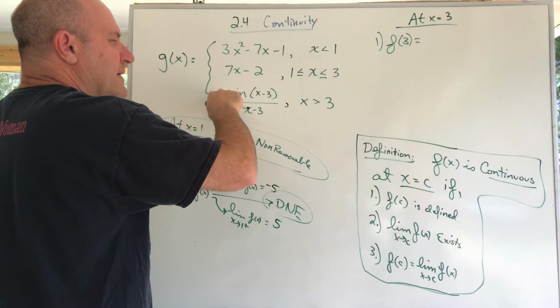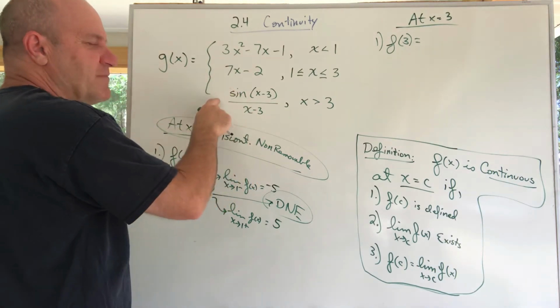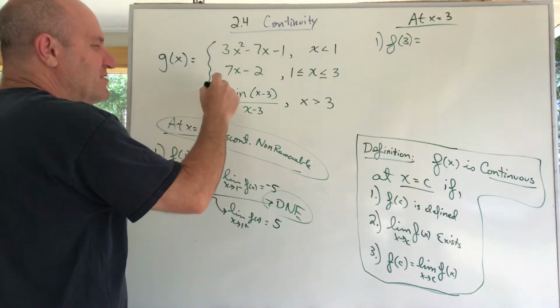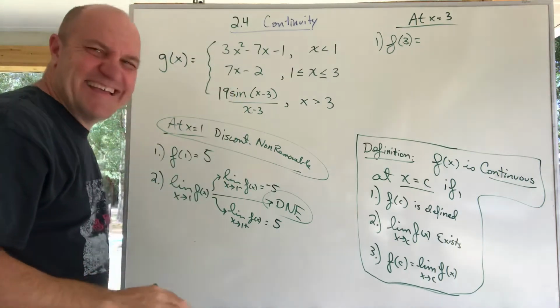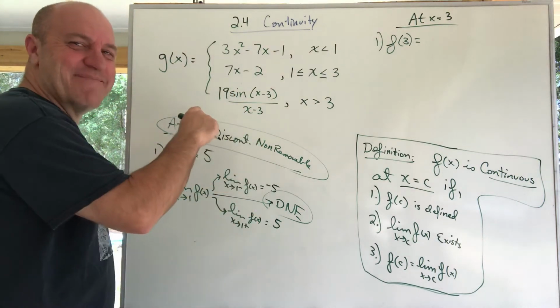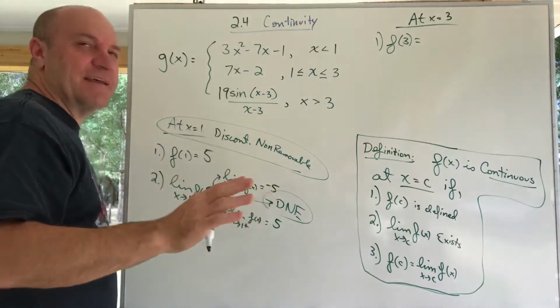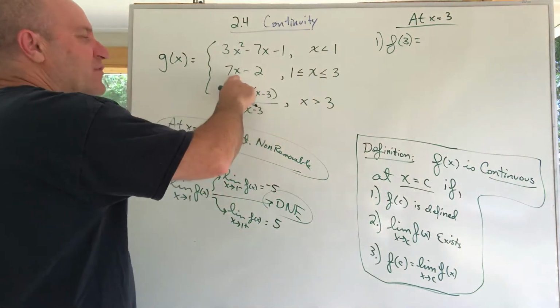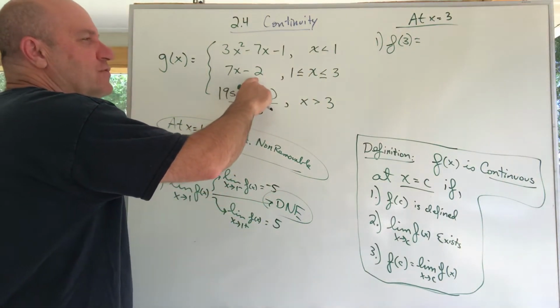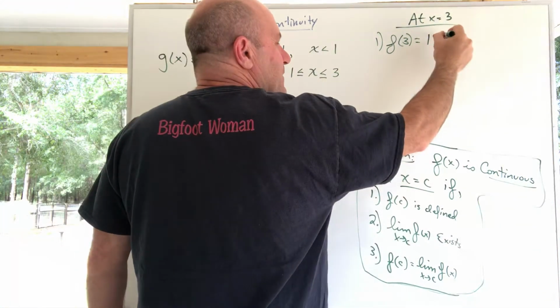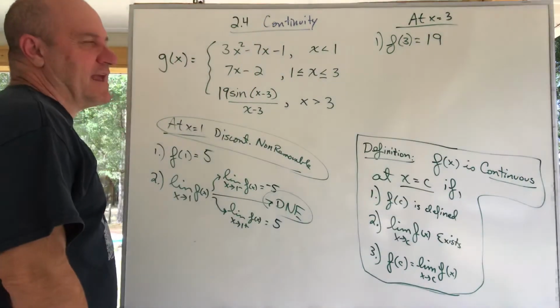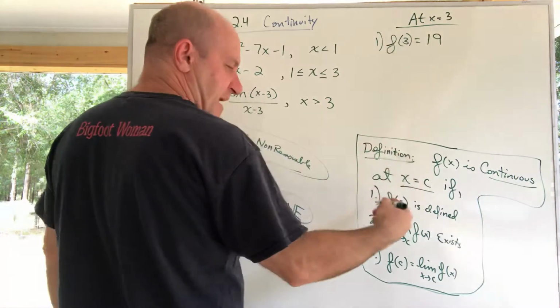By the way, I'm changing this problem, sorry. Don't look at the guy behind the curtain, I'm just changing that problem. That's okay. I'm plugging in a 3, I get 21 minus 2. I get 19. All right, cool. It passes step 1.